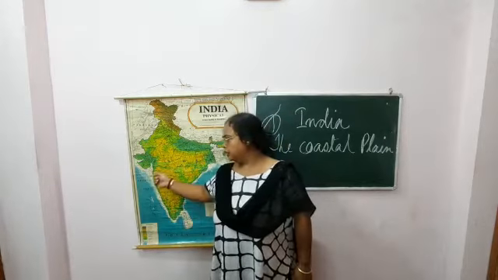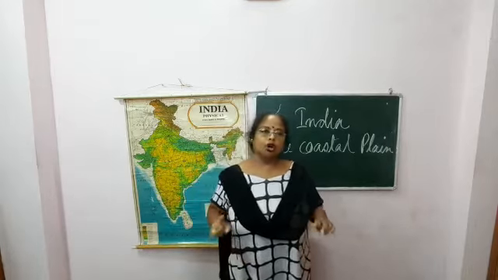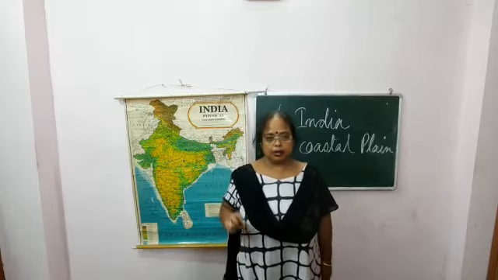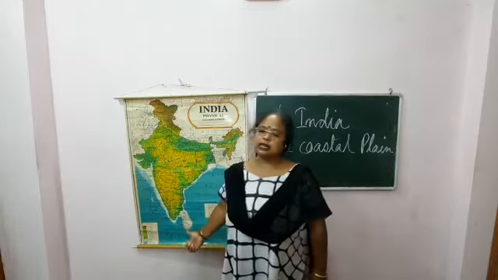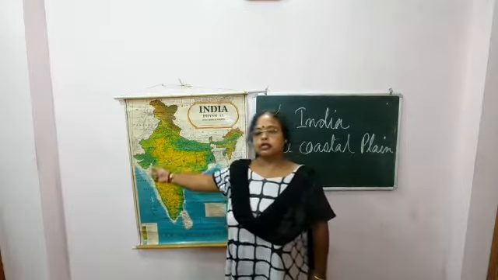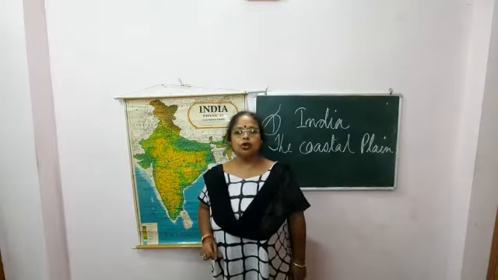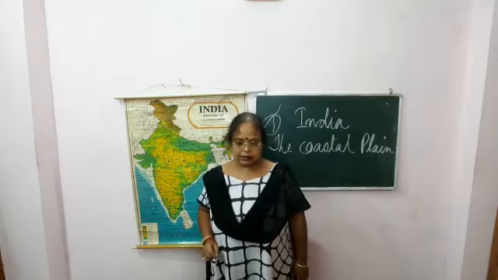This is the main difference: the rivers on the eastern side form deltas, while the rivers on the western side do not make any deltas.